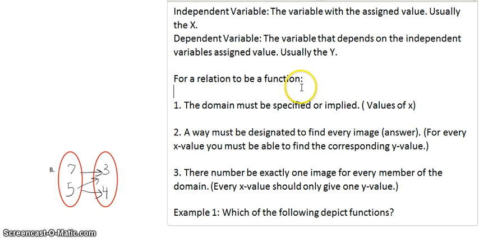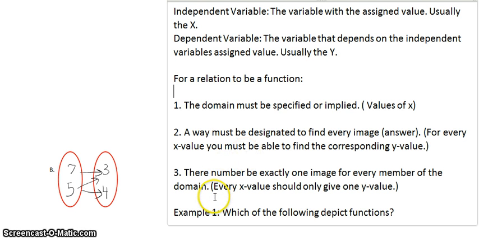Okay, for a relation to be a function, number 1, the domain, which is the x values, must be specified or implied. Number 2, a way must be designated to find every image or answer for every x value. You must be able to find the corresponding y value.